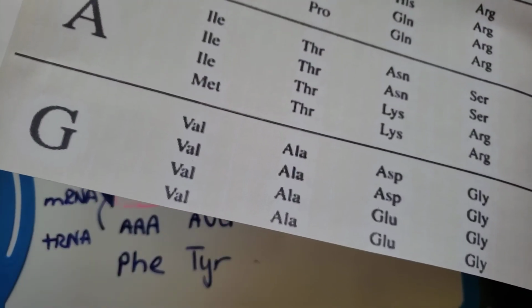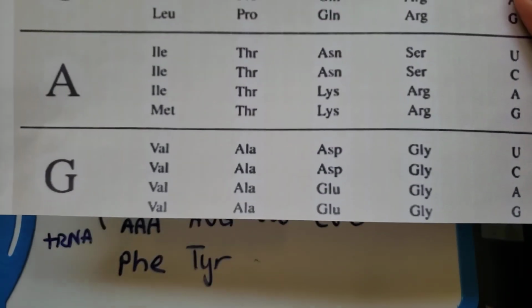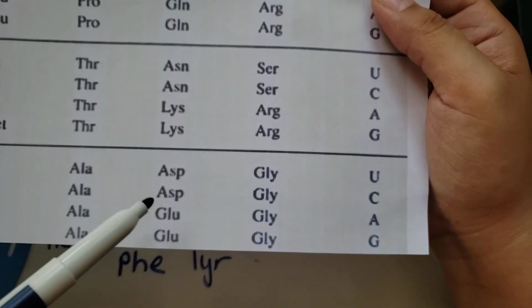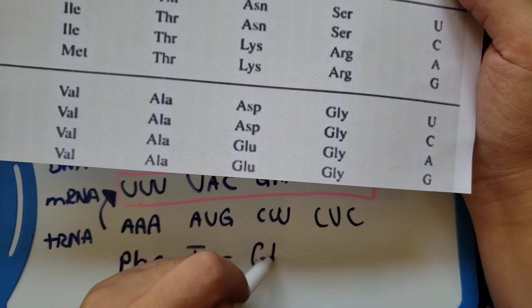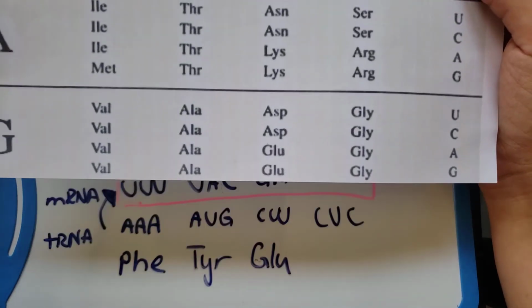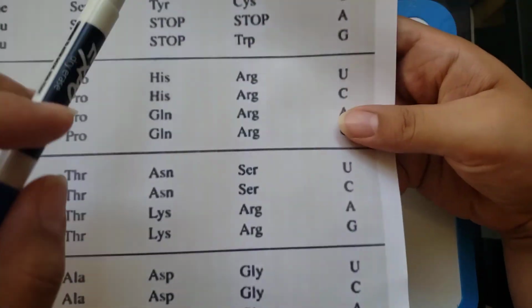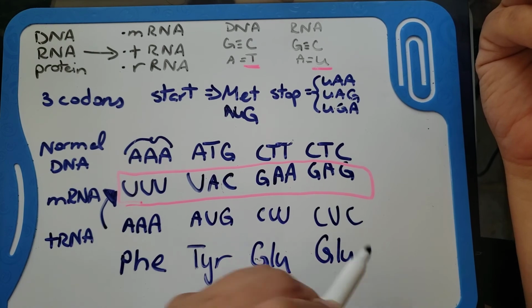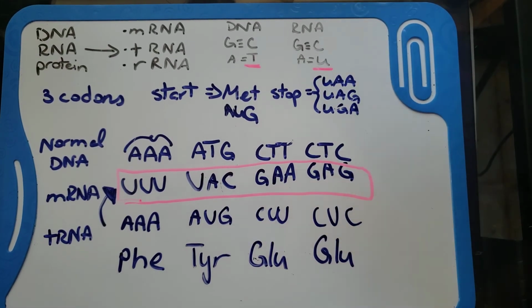The next one is a GAA. So we go all the way down, G to the A, to the A, it is a Glu. And then the last one is a GAG. So G, A, G would be another Glu. This is a U.